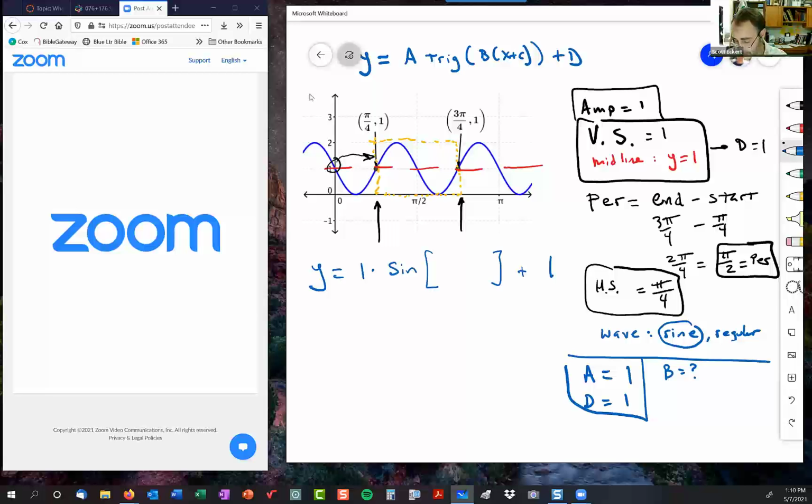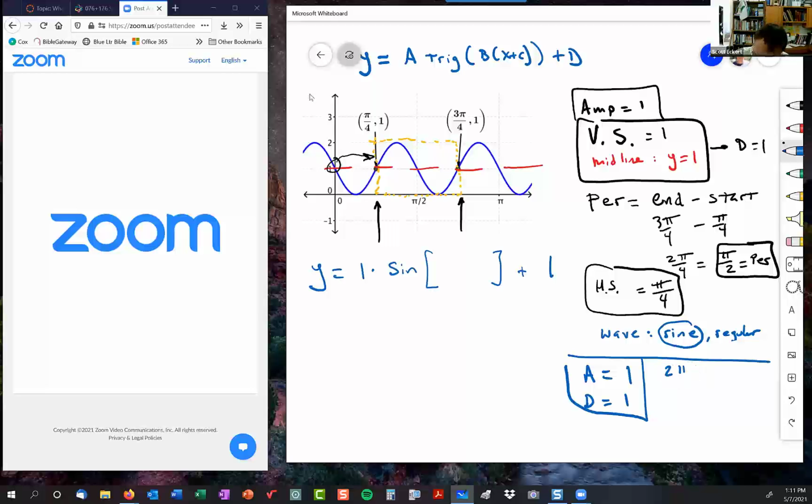Let me give you a little hint and rephrase the question. Madison, do you know a formula that has the B number in it? 2 pi over B. Nice, exactly. That's an important formula because it tells us a relationship about B. So good, we've got a beginning place.